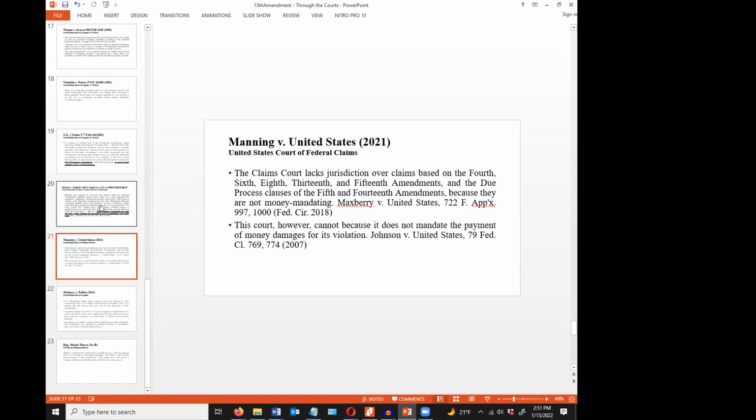It says the claims court lacks jurisdiction over claims based on the 4th, 8th, 6th, 13th, and 14th Amendments and the due process clauses of the 5th and 14th, because they are not money mandating. This court cannot, because it does not mandate the payment of money damages for its violations. So the Court of Claims said, look, there are no fines associated with violating the 13th Amendment, so there's basically nothing we can do about it.